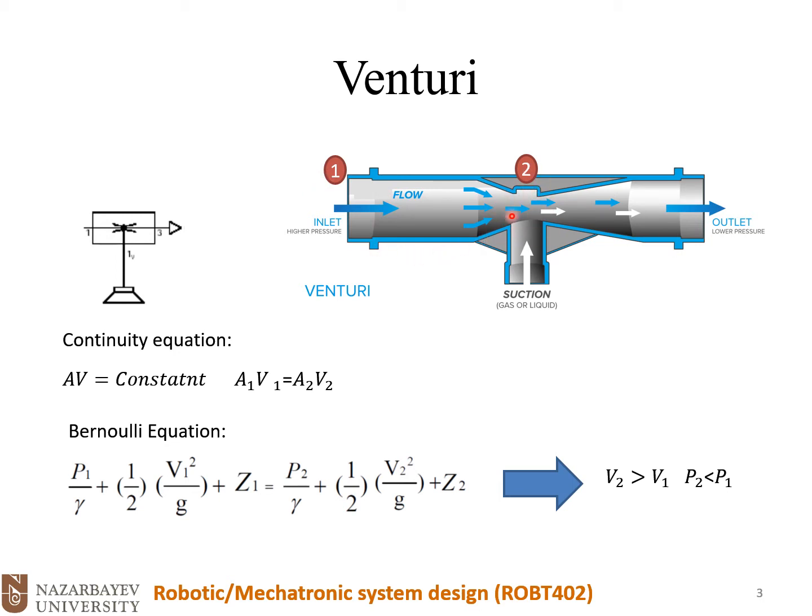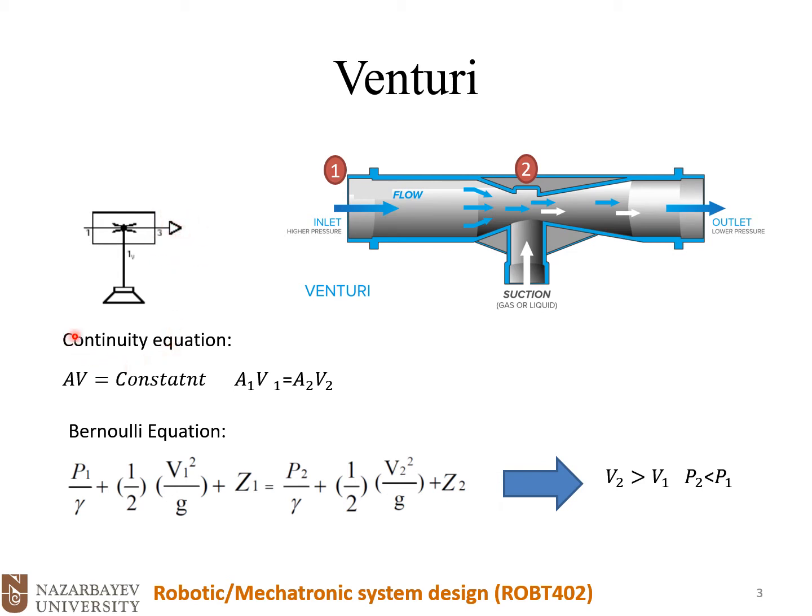At the middle, the cross-sectional area decreases, and then at the outlet, the cross-sectional area increases again. So at the middle we have a neck. We have an airflow from the inlet to the outlet. This is the symbol of a Venturi. 1 is inlet and 3 is outlet.